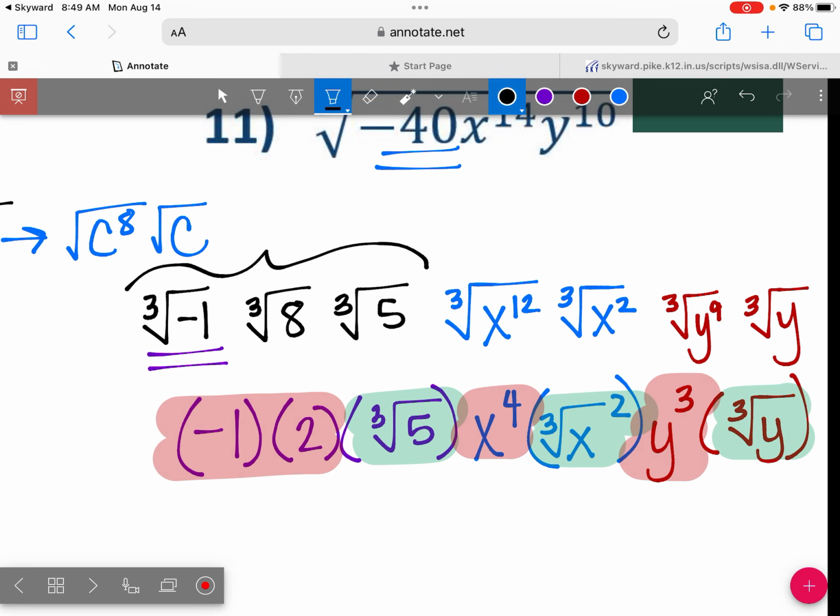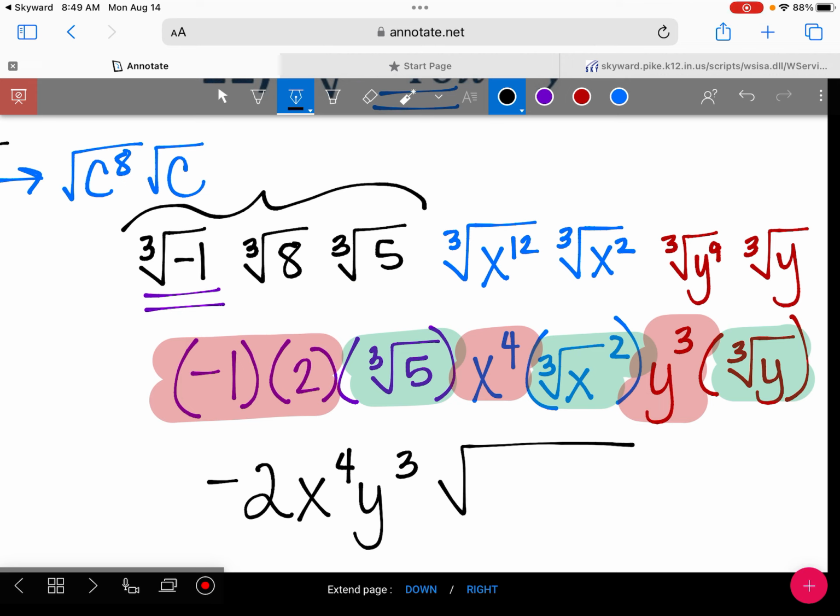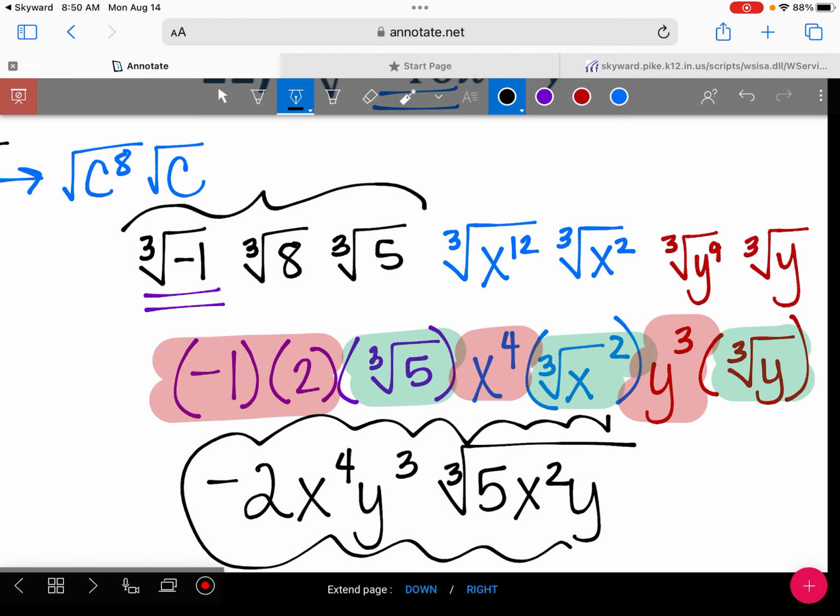So my final answer is going to be -2, and then I have x to the 4th, and I have y to the 3rd, and I have the cube root of what's left over, which is what I have highlighted in green, a 5, an x squared, and a y. And that would be your final answer.